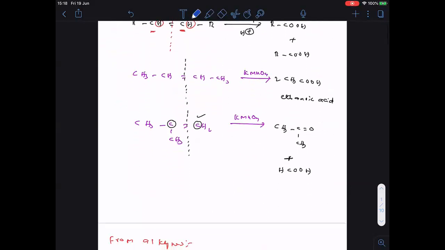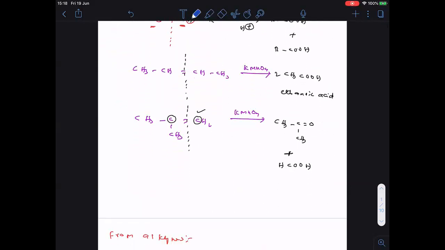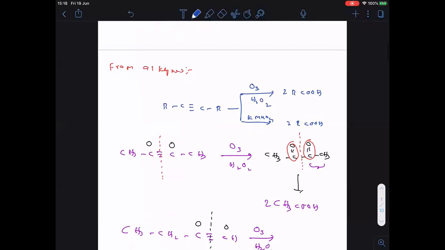You see here I took some examples. And this is from alkynes.